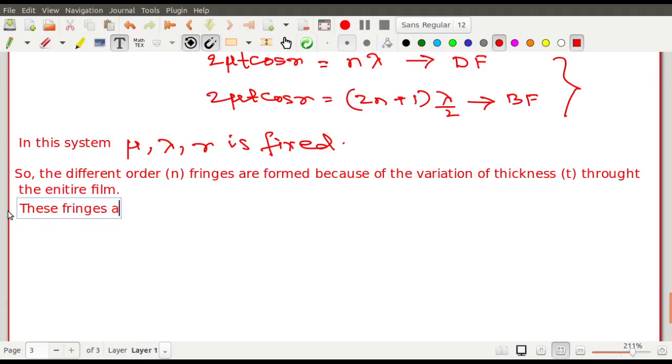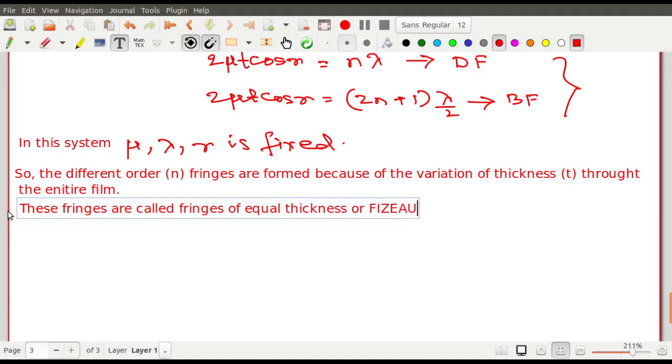These fringes are called fringes of equal inclination. These fringes are called fringes of equal thickness, or Fizeau's fringes. Fizeau was the person who discovered this.